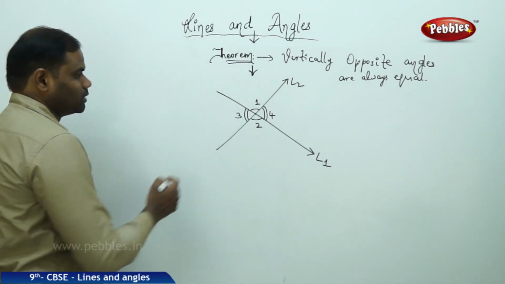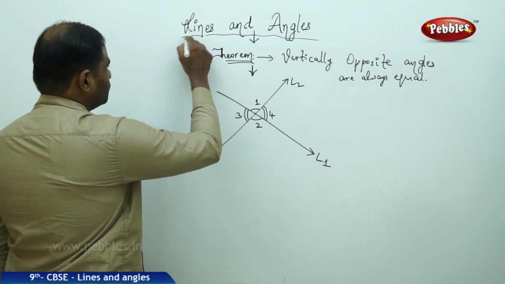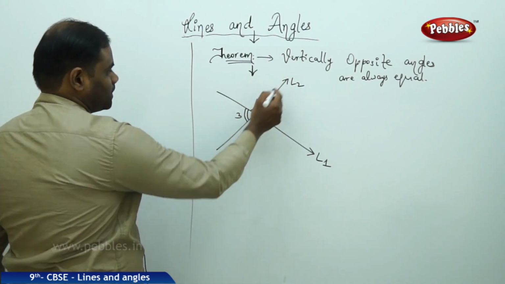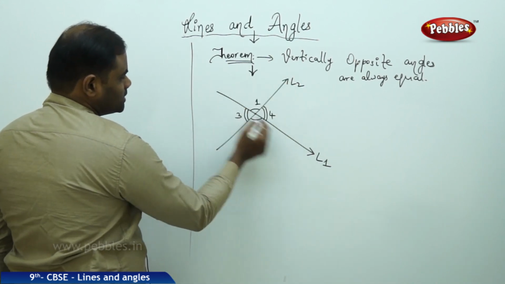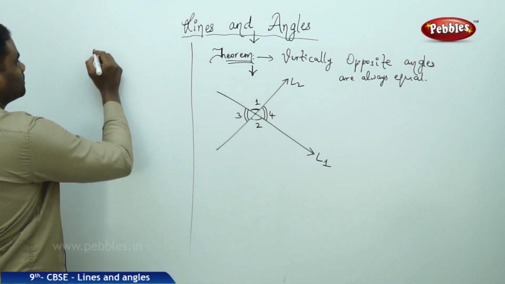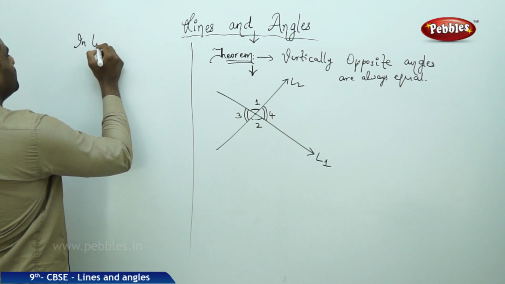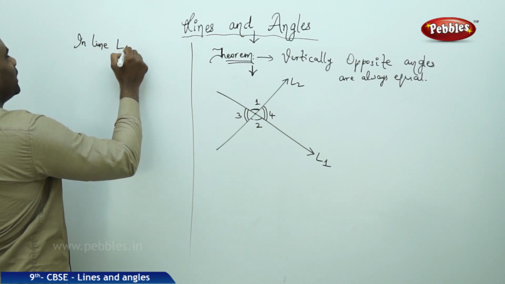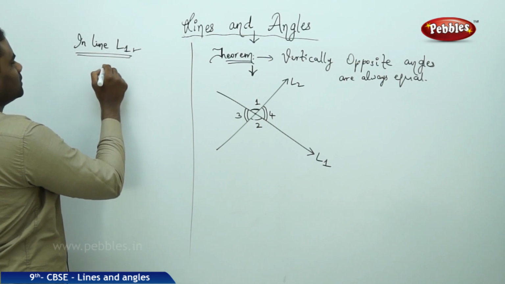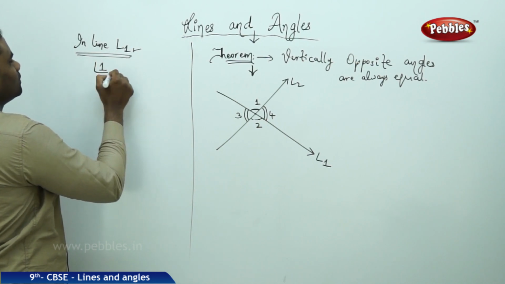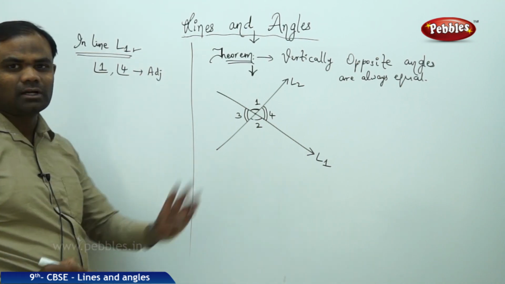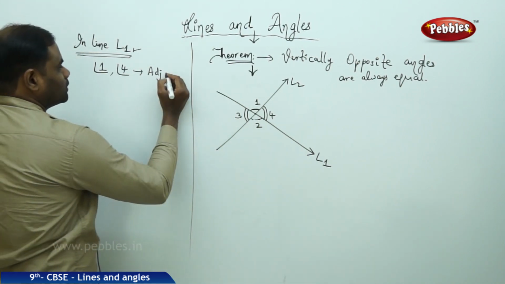Let's take the first case. If I take this line L1, I clearly see that angle 1 and angle 4 are adjacent, beside each other.